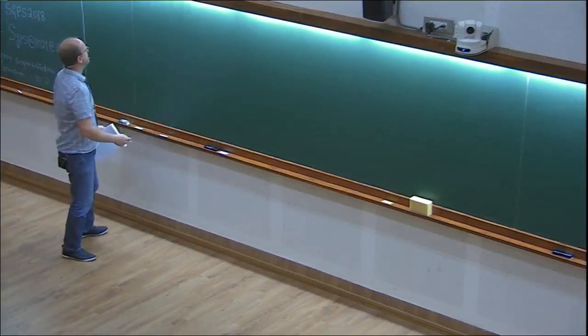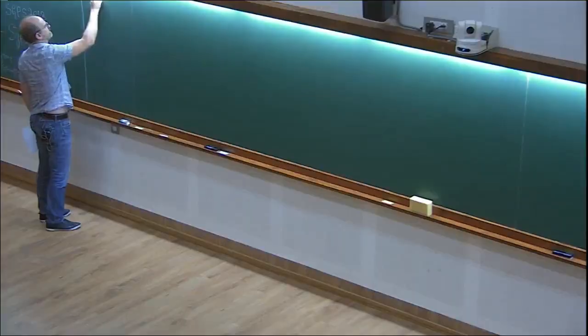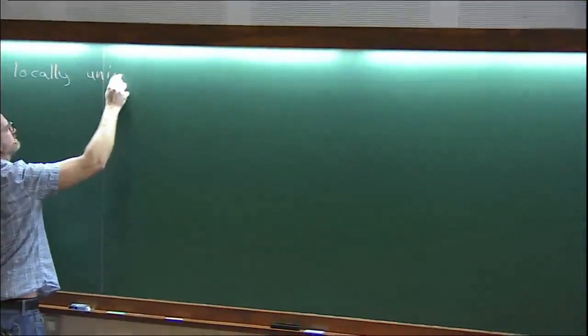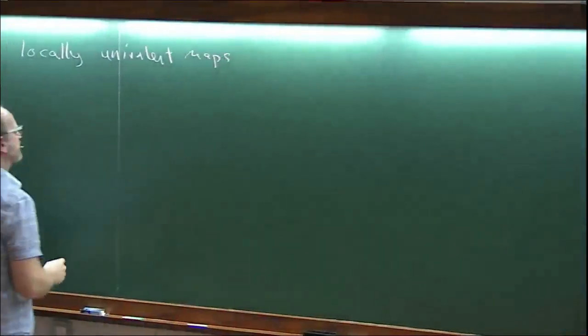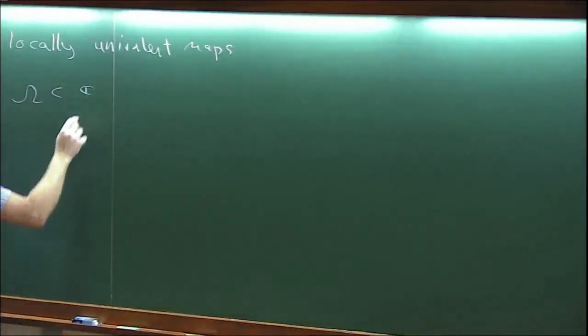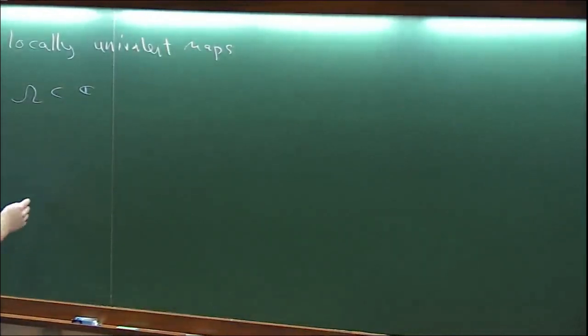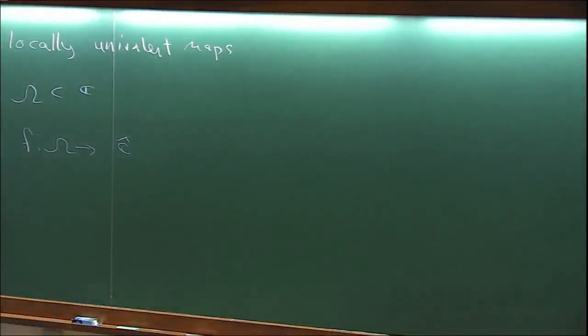Okay, so I want to start off with talking about locally univalent maps. So what this is: we take some domain in C, or maybe the Riemann sphere if you like, and then we take a holomorphic function. This time I definitely want to take it to the whole Riemann sphere.